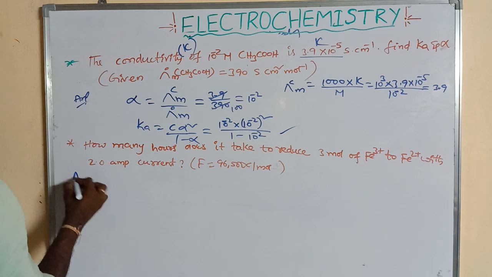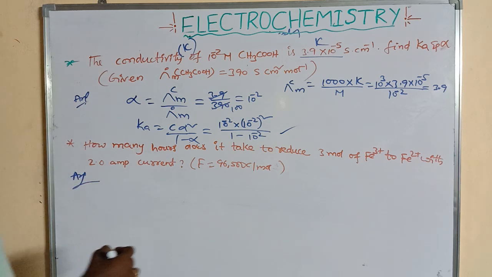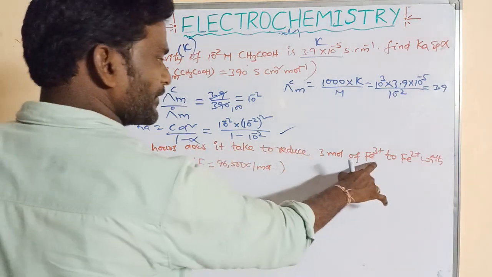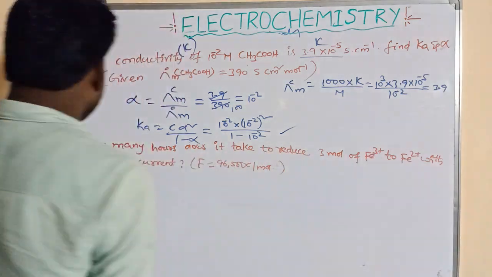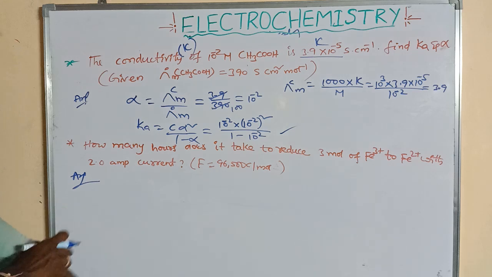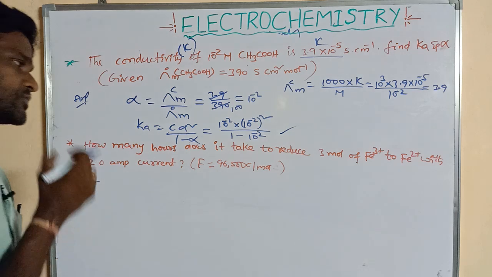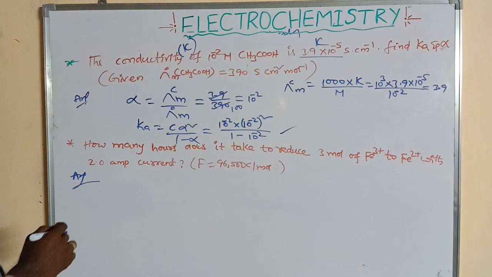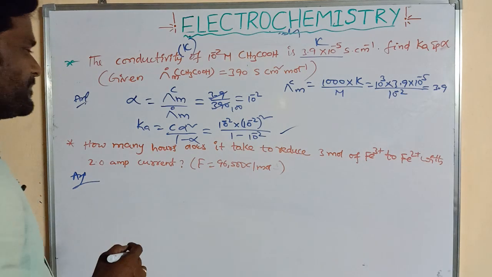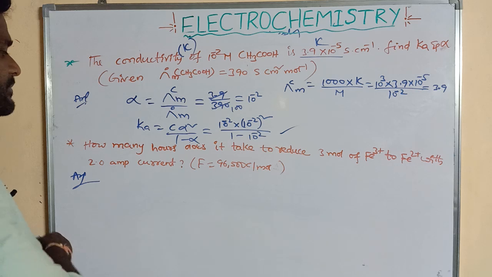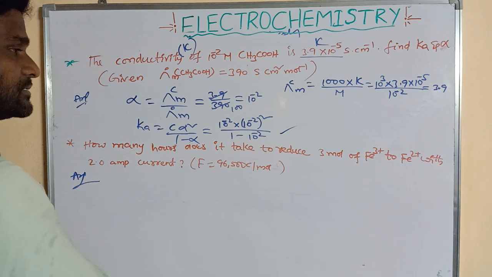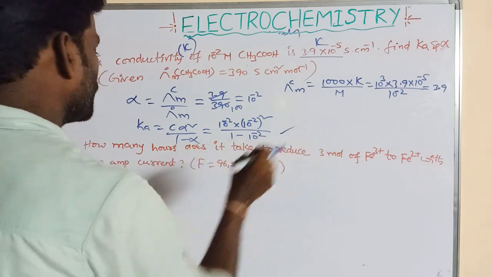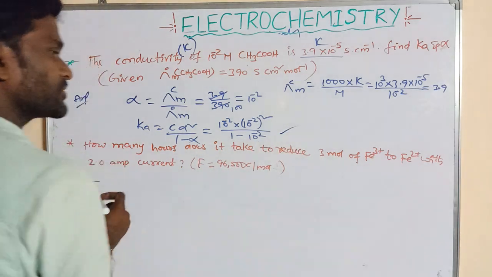So the second one: how many hours does it take to reduce 3 mole of Fe3 plus to Fe2 plus with 2.0 ampere current. So here 1 farad is given. How is it solved? Here time is to be found out, and moles are given, and the current is also given, right?